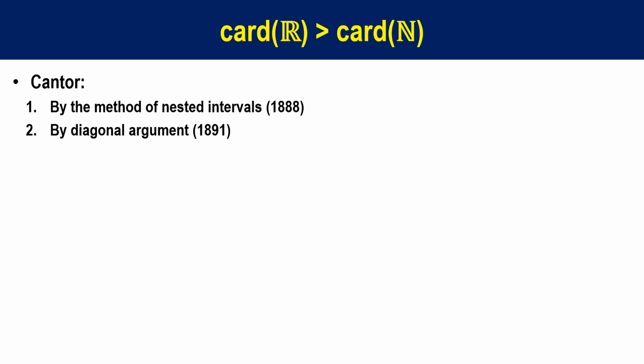And there are two proofs by Cantor that card R is larger than card N, one by the method of nested intervals and the other by diagonal argument. Later, I'll show that the second proof is flawed. Herein, I present a new proof by order axioms.